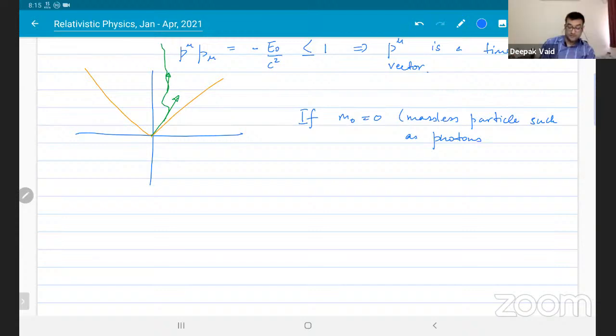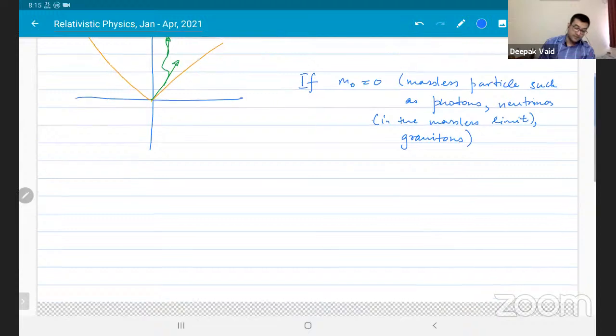Any others? Massless neutrinos. Yes, true. Neutrinos, in the massless limit. And anything else? Gravitons. Okay. So basically any massless particle.